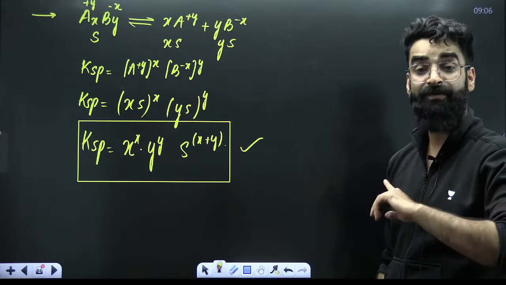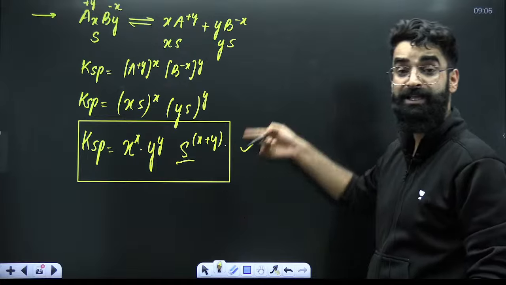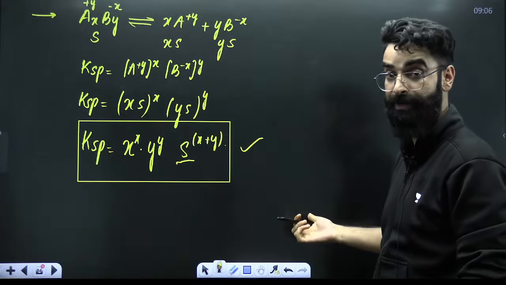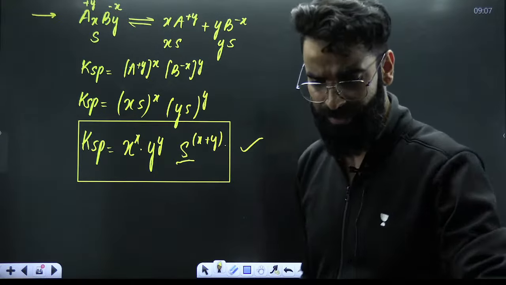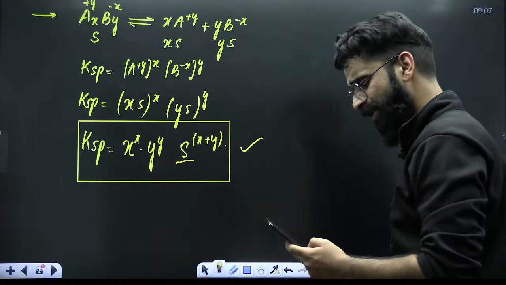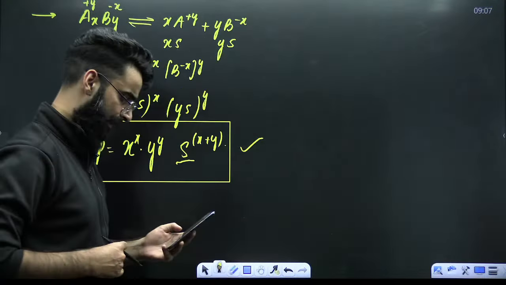So whenever you are supposed to calculate KSP, first of all you have to calculate the solubility, from the expression which I gave you. Put it in the KSP expression and get the KSP of the sparingly soluble salt. For example, I'll be giving you certain questions. Let me see if you can solve those questions or not. One or two questions will do, and then we are done with the chapter.